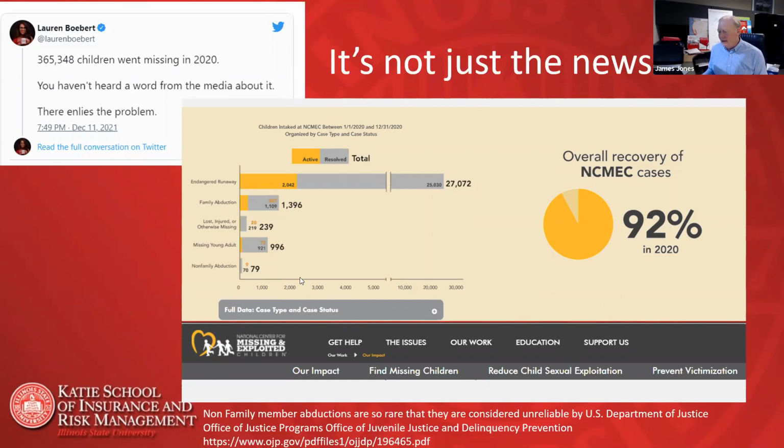They have it at 79 a year, and the U.S. Department of Justice Office of Juvenile Justice and Delinquency Prevention says that number is so low and so rare as to be unreliable. And if you look at the report, it's probably less because some of that 79 turns out to be abducted by family members. So with stranger abductions, you're getting into shark attack territory in terms of the odds.